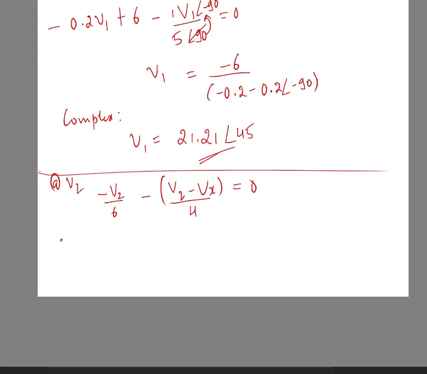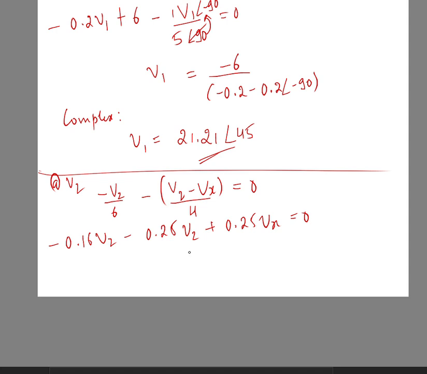What you're going to get, this part is going to be minus 0.16 V2, and this is going to be 0.25 V2 again, and this is going to be plus 0.25 Vx. Yeah, that is equal to 0.